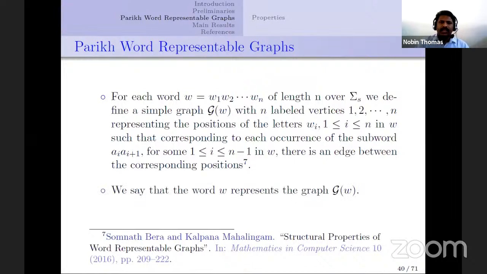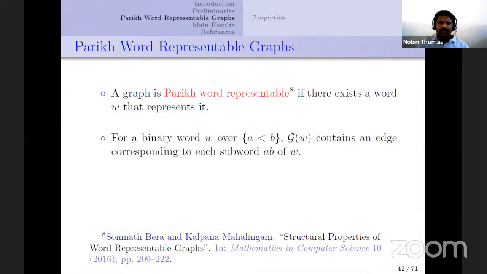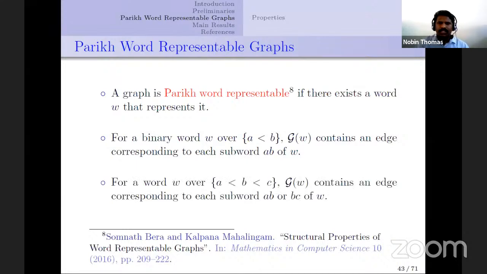We say that the word w represents the graph G of w. A graph is Parikh representable if there exists a word w that represents it. For a binary word, G of w contains an edge corresponding to each subword ab of w. Similarly, for a ternary word, G of w contains an edge corresponding to each subword ab or bc of w.